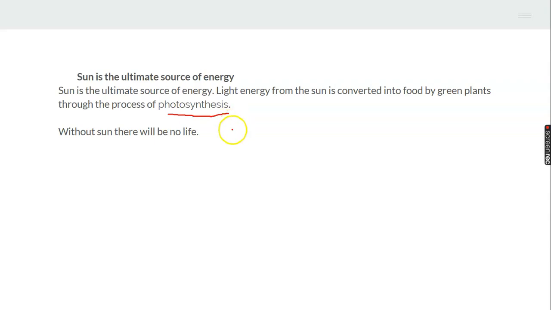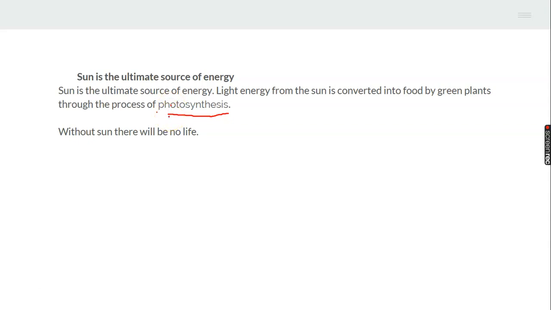So how the process goes is that when the sun is shining, plants use the green parts in the leaf called chlorophyll, a green pigment that gives the leaf its green color. Specifically, green plants are the ones that manufacture their food through this process called photosynthesis.